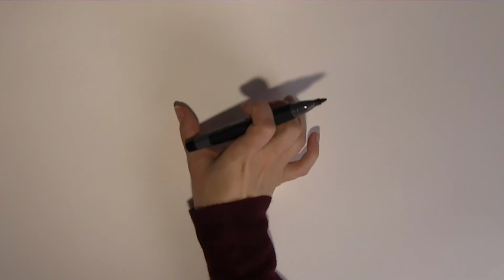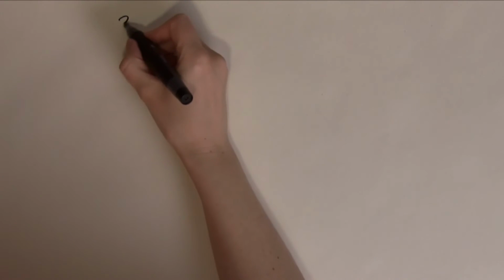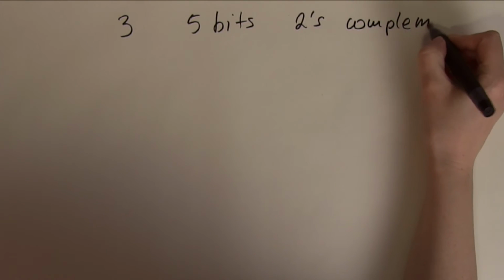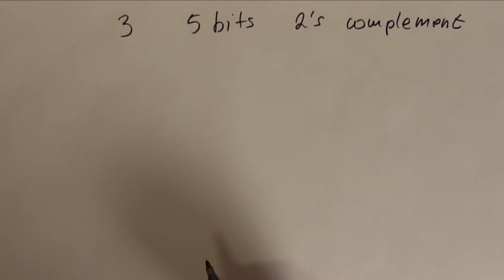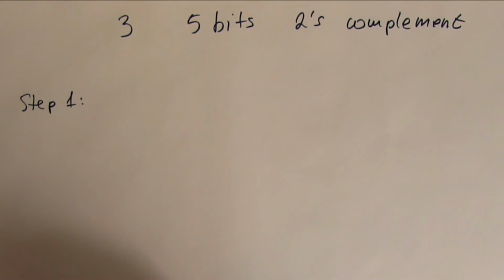Now let's look at a somewhat different example, because in this 2's complement notation we can also show positive numbers. So let's look at what 3 would look like in 5 bits 2's complement notation. Now step 1 is the conversion part.